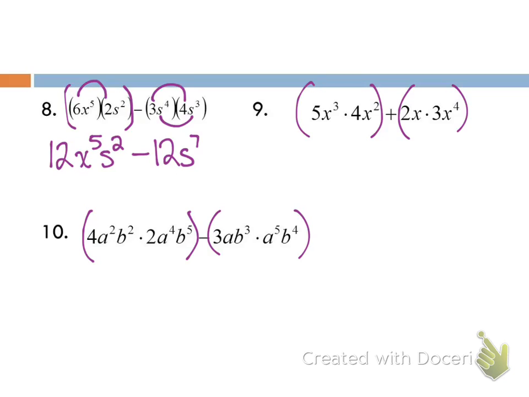The easiest, quickest way to tell is the fact that the 12x to the 5th s squared has an x in it somewhere, and the other one doesn't have an x in it anywhere. Okay, these are not like terms. They do not match. They don't look the same. They cannot be combined. So that's as far as we can take it. There's nothing else we can do.